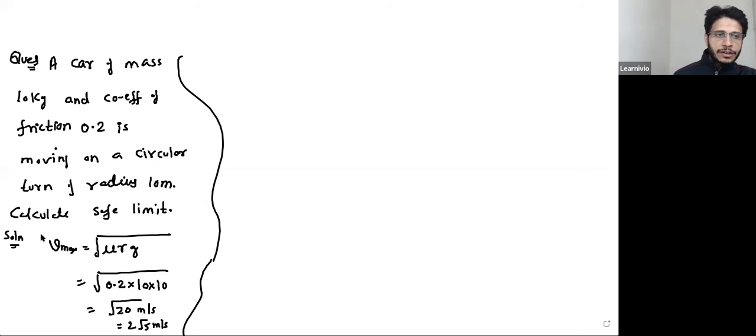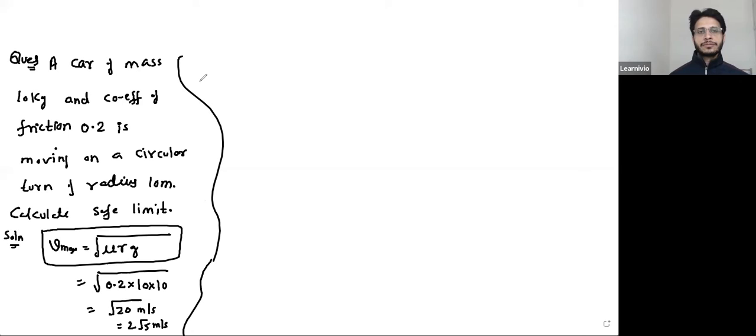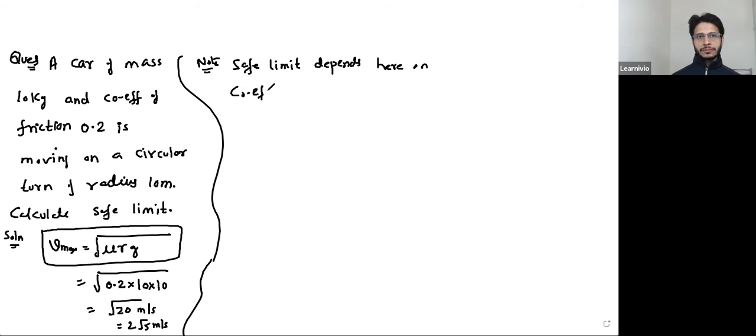On which factor do you think this safe limit depends here? Yes, Fazil, on what factor does the safe limit depend? On the coefficient of friction.